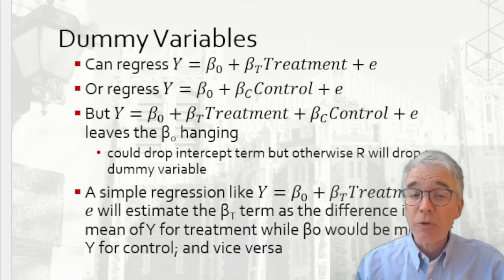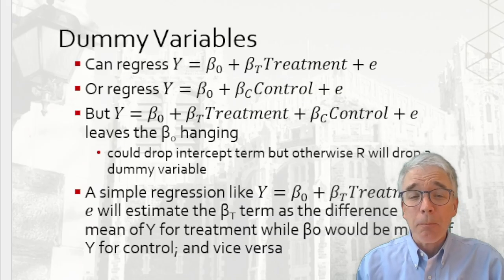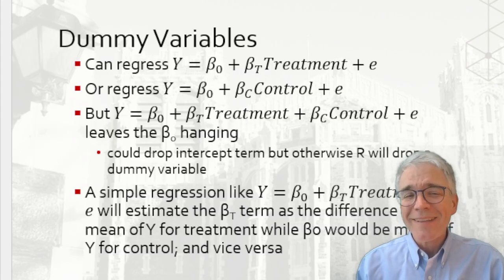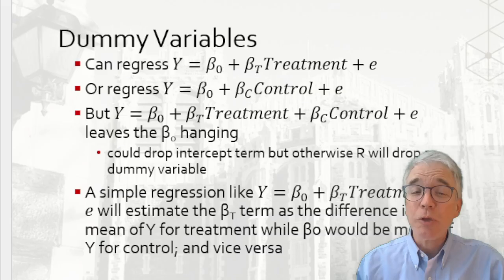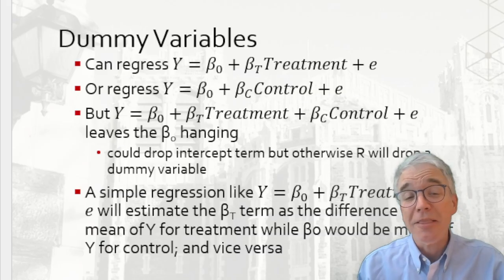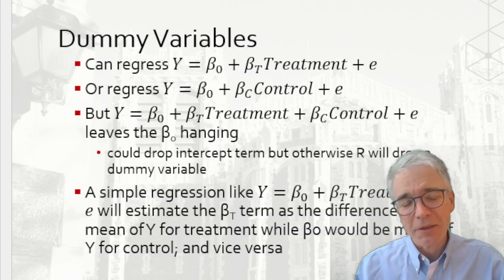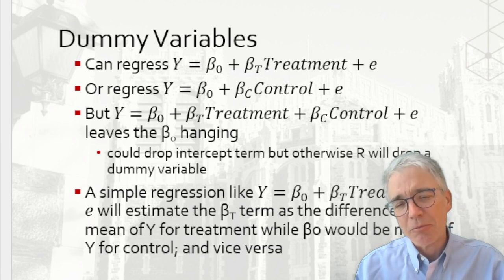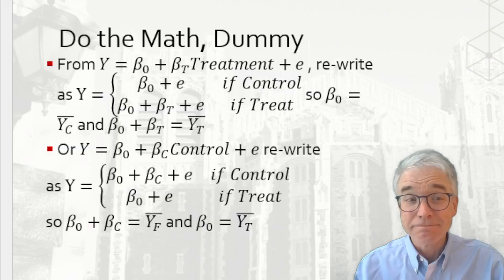When the dummy variable is for both, if you put in dummies for both treatment and control, then that would estimate relative to the omitted category. But there's nobody there. There is nobody in the omitted category if we have both dummy variables in. That doesn't work by logic, doesn't work by the math. If you tried to run that in R, it would automatically drop one of the dummy variables to keep you from just being a dummy.